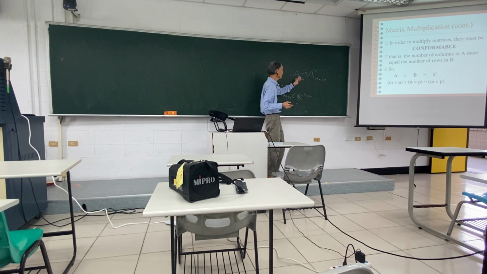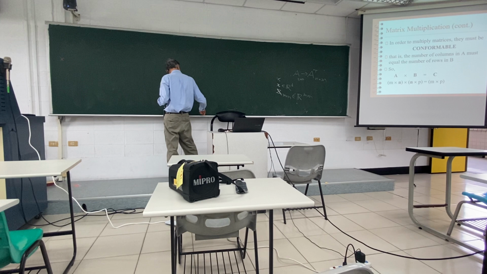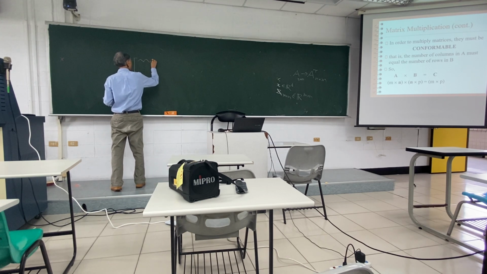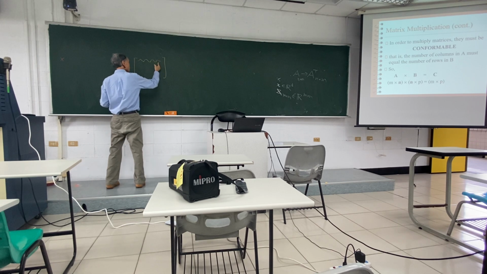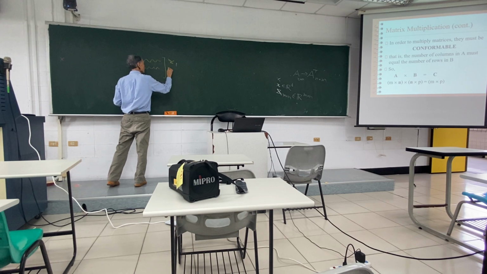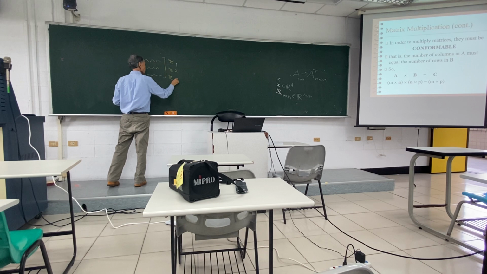Okay, the representation of A or A transpose could be a little different. They might have a different meaning, especially, for example, when you represent time series data. You have time series data 1, time series data 2, and time series data 3.